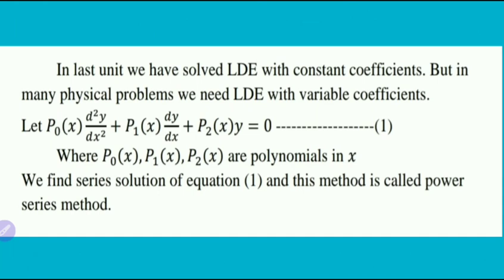So the coefficients of the derivatives are polynomial functions, which are again functions of x, and x is a variable. Therefore this LD is a second order LD with variable coefficient.